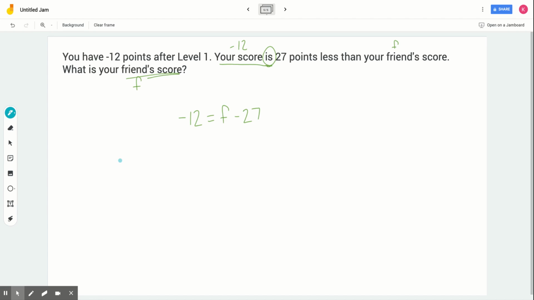You should have started by using the inverse operation. The opposite of subtracting is to add. So we're going to add 27 to both sides. This makes a 0. We're left with F equals, opposite signs we subtract. 27 take away 12 is 15, and we keep the sign of the larger number.